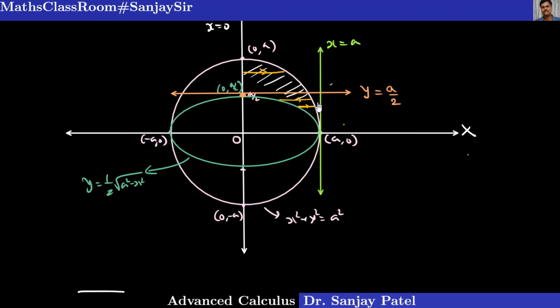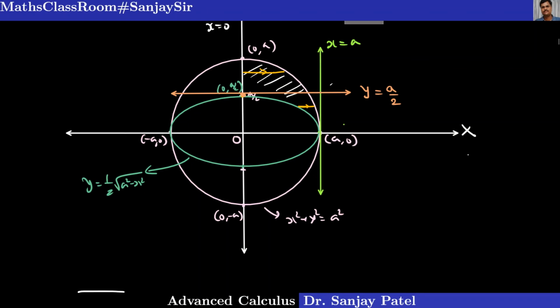So we divide the whole region of integration therefore into two subregions. One is say E1, other is E2. And let me show you the different regions by different colors.